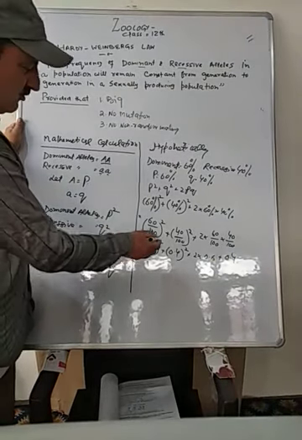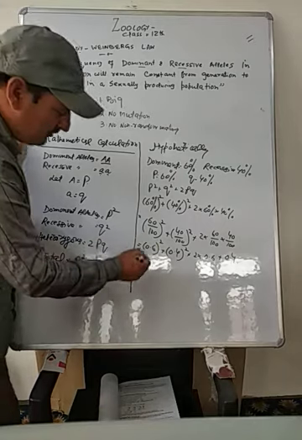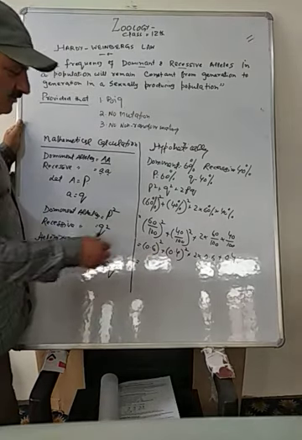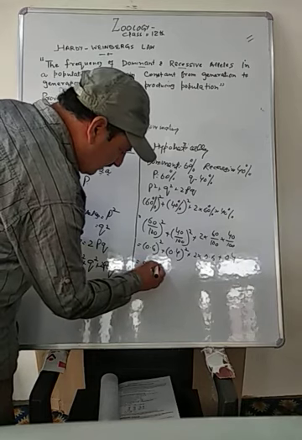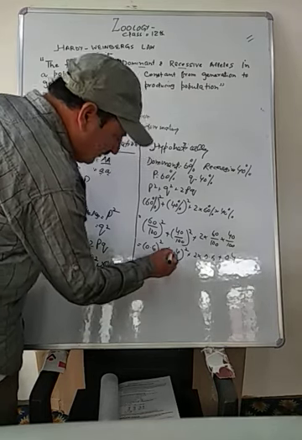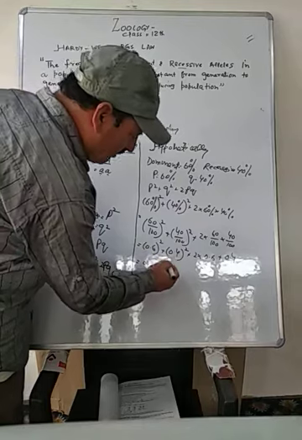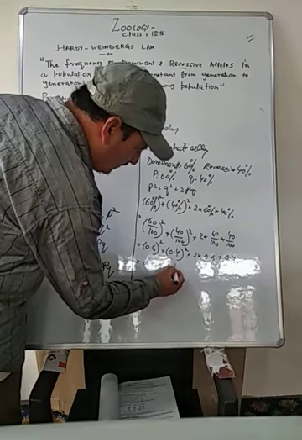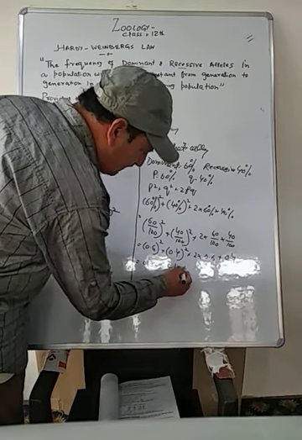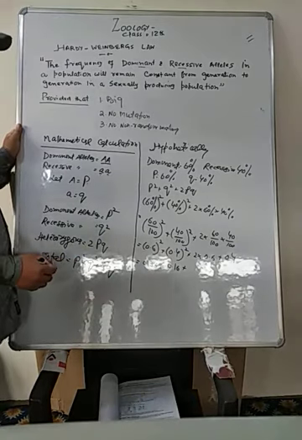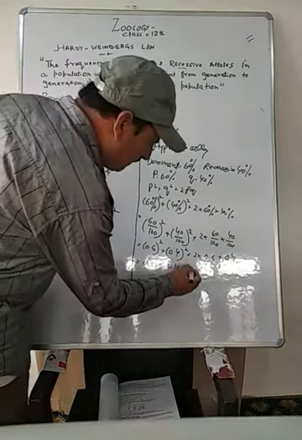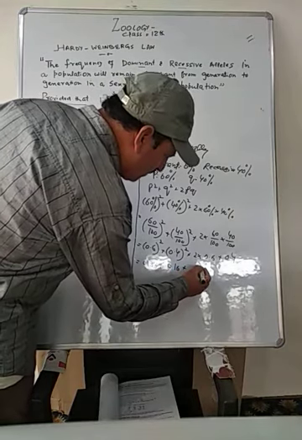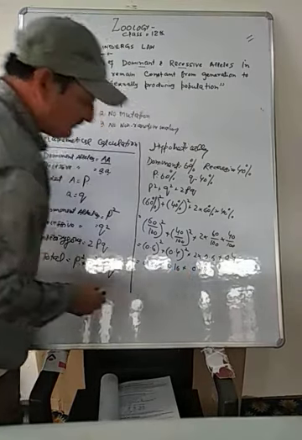Now 0.6 square will be 0.6 into 0.6, or 0.36. 0.4 square will be 0.16. And 2 into 0.6 into 0.4 will be equal to 0.48.